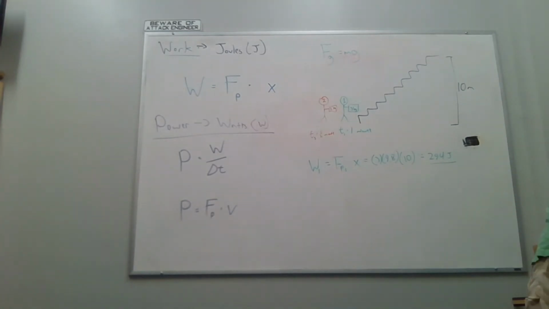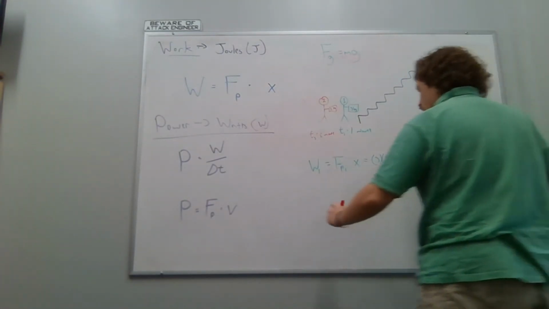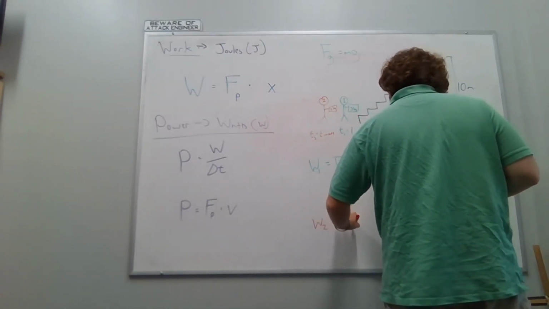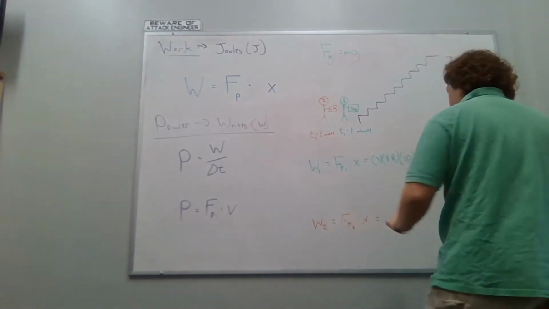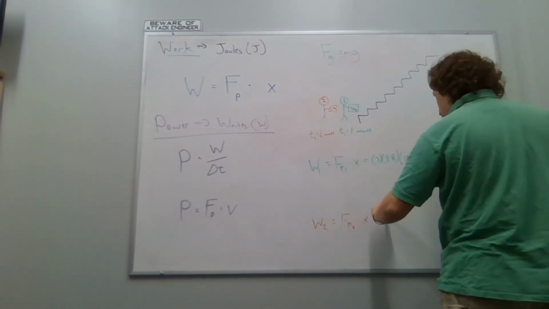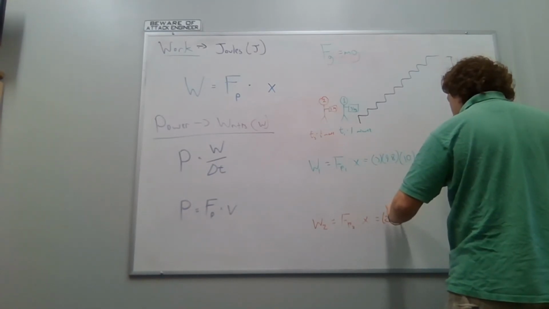Now for person 2. So we got work 2 is going to equal force parallel 2 times x. It's going to look very similar, except person 2's box had a mass of 2 kilograms instead of 3. So we plug in a 2 instead of a 3.